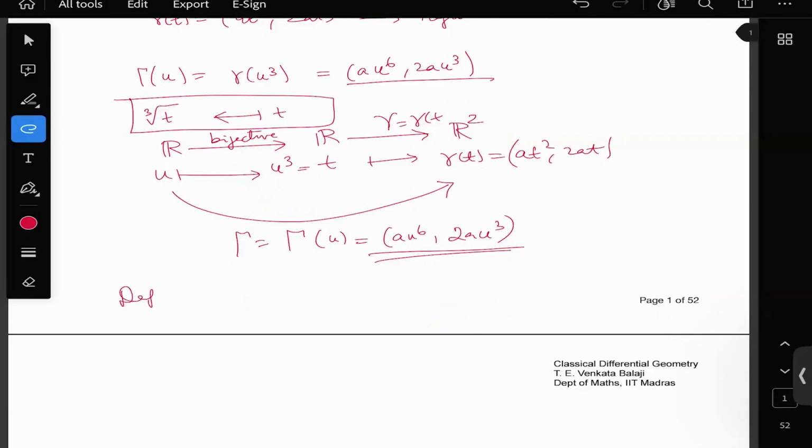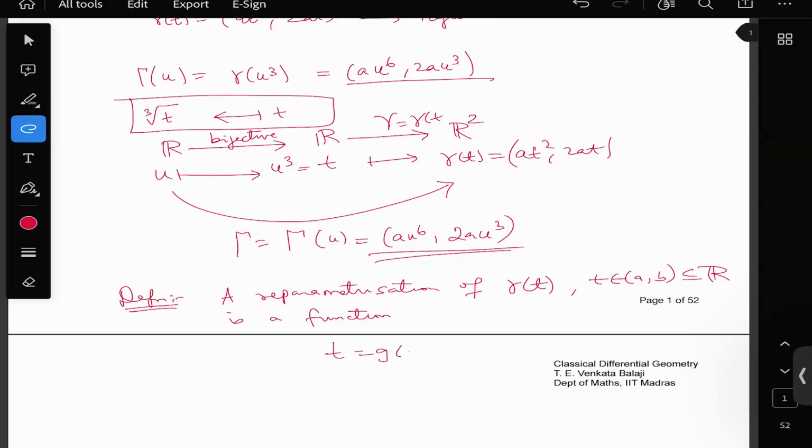So here is the definition. A reparametrization of gamma of t, with t belonging to, let us say, an open interval (a, b) in the real line, is a function. I am going to substitute t equal to g(u).